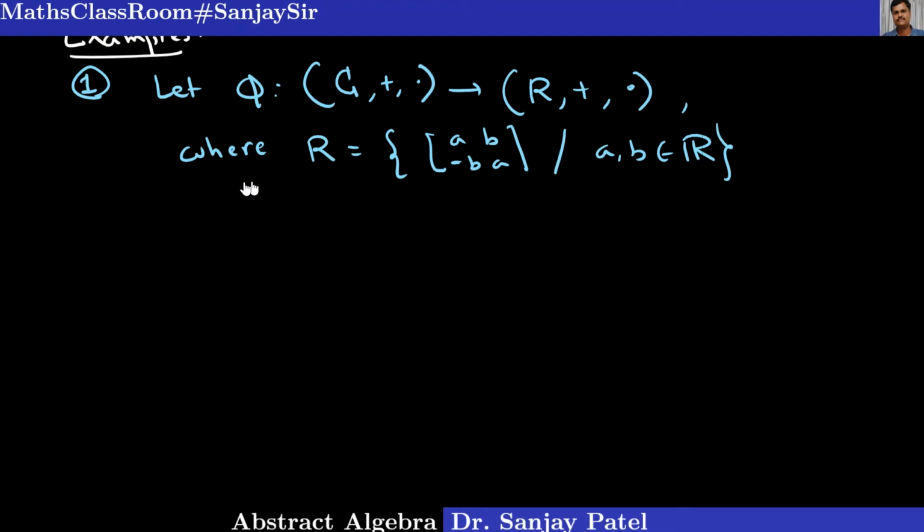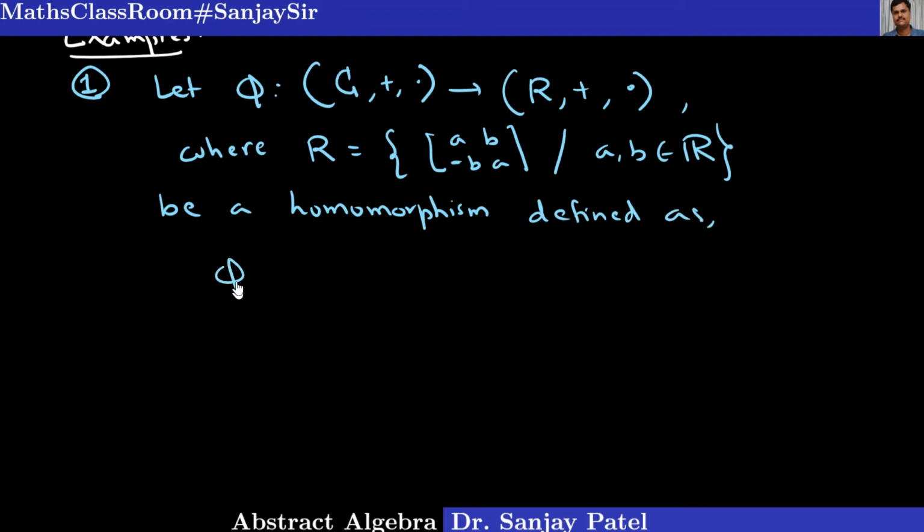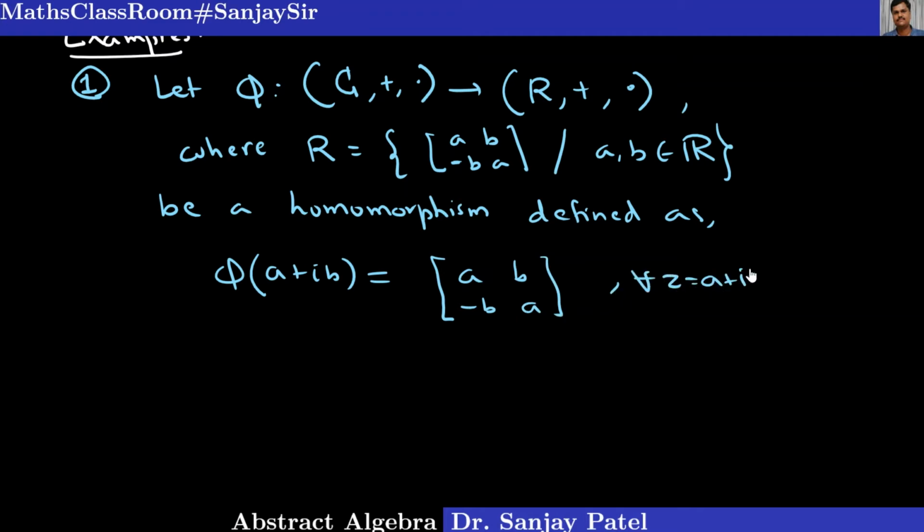So let phi be a homomorphism defined as phi of a plus ib is equal to the matrix (a b; -b a), and this is for every complex number z equal to a plus ib belonging to the domain set.